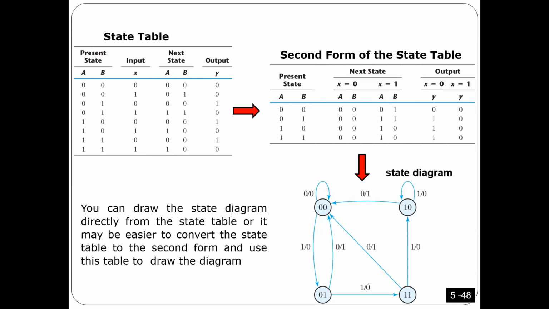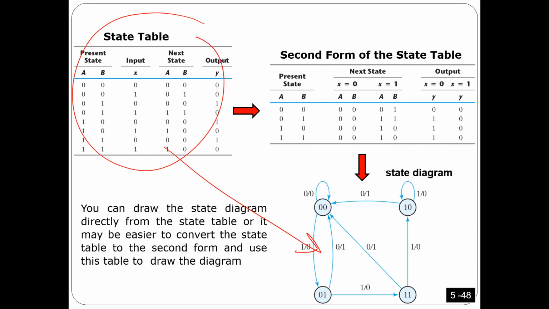It may not be, because I just used the state table to move from here to here directly, and it was easy for me. It was not difficult. But I want to tell you, sometimes it may be easier to restructure or reformat this table to create a table like this one. Nothing is new. I just reformatted or restructured this one.